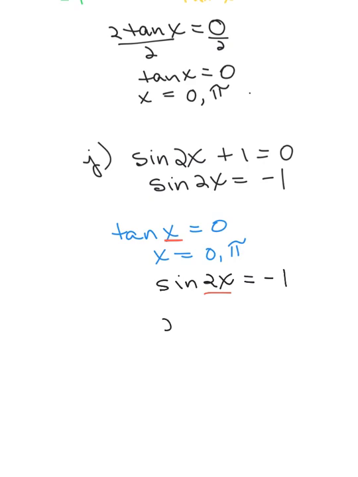So we're going to say 2x equals the angle 3 pi over 2. The problem is we don't want to know what 2x equals. We want to know what x equals. So now, in order to solve this for x, we're going to divide by 2 or multiply by 1/2. So if we multiply by 1/2 on both sides, we get x equals 3 pi over 4.